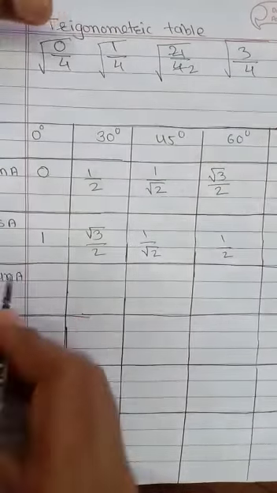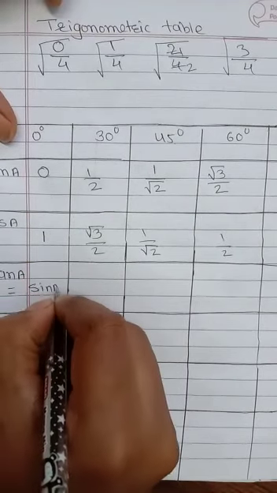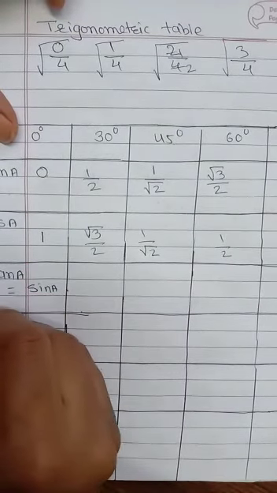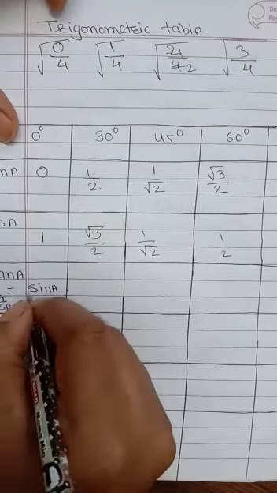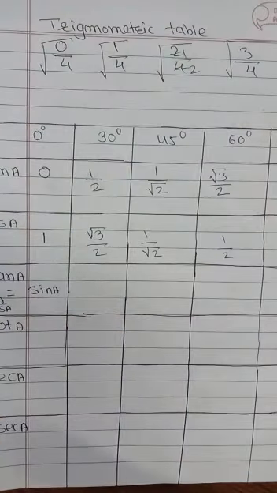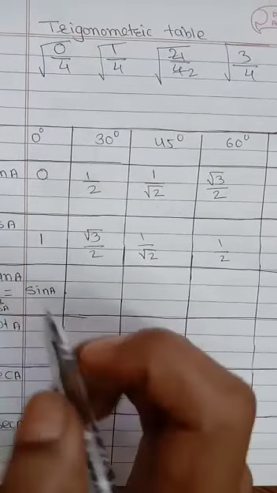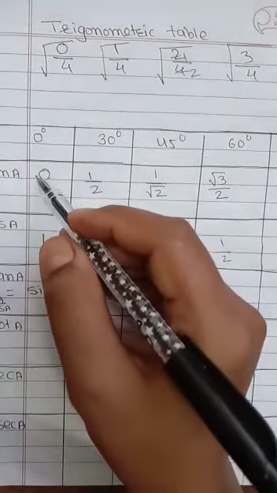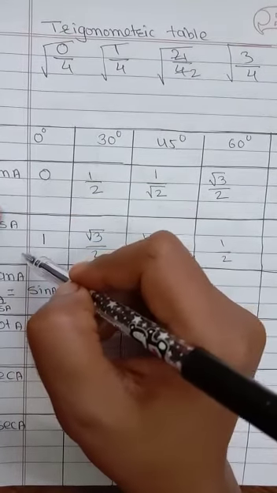Now we know what tan is. Tan of A is nothing but sine A by cos A. Using this we are going to find the rest of the values. Now how to find tan of 0? Sine 0 divided by cos 0.